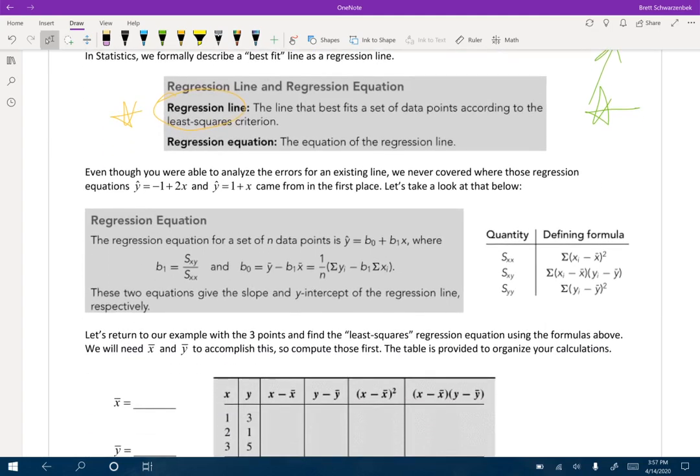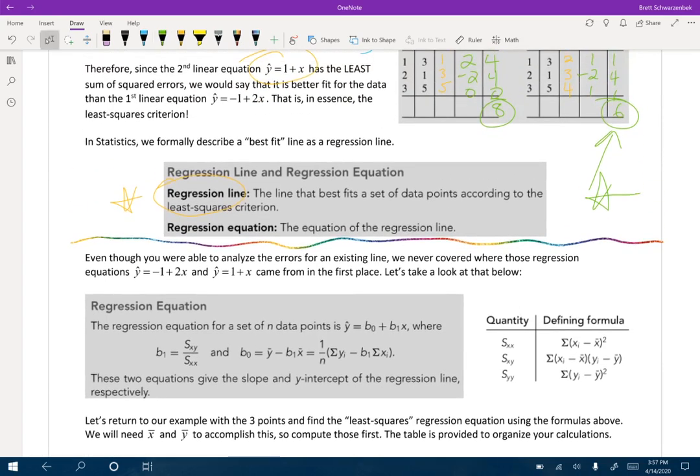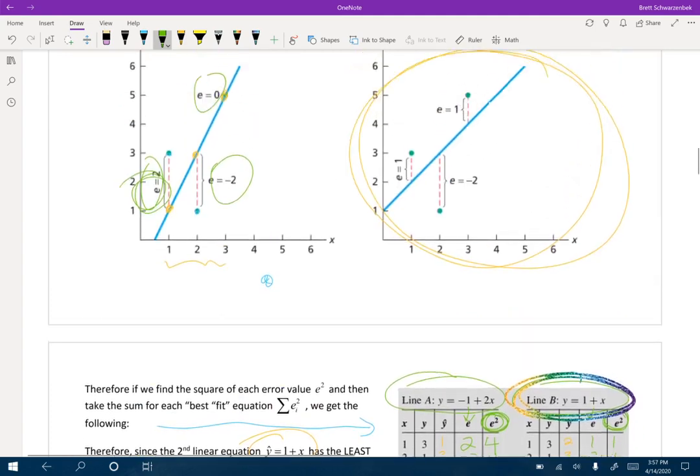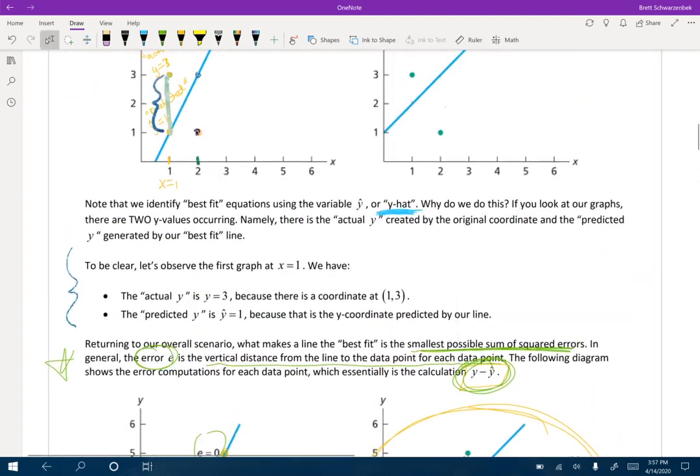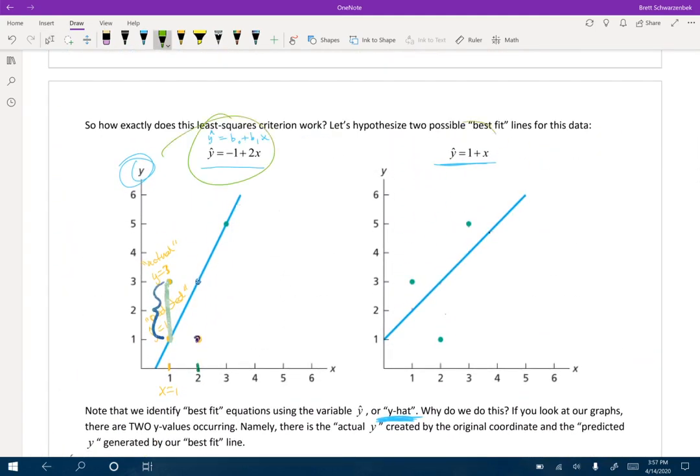If you look at what we just did for this entire scenario, we had two equations, but a lot of students will ask, where did you come up with these equations exactly? Why did you choose these equations as the ones to use?